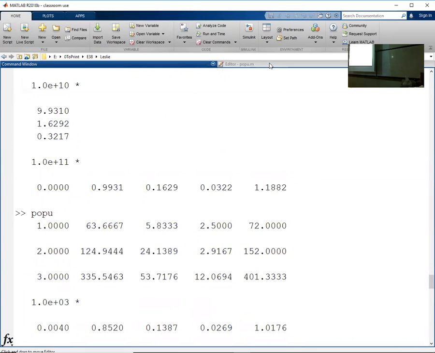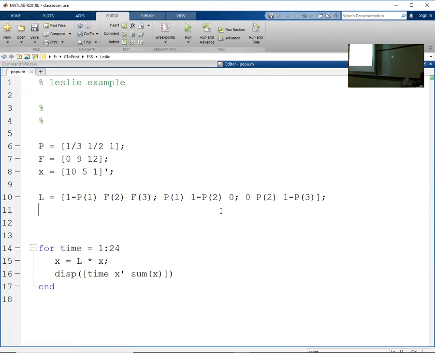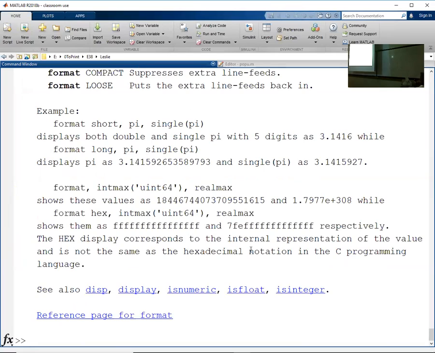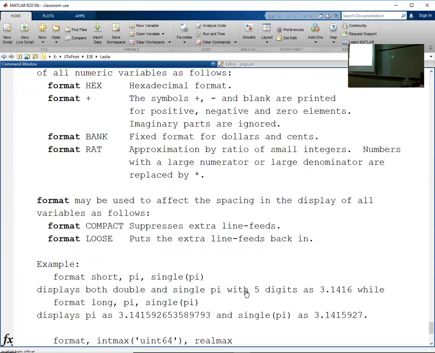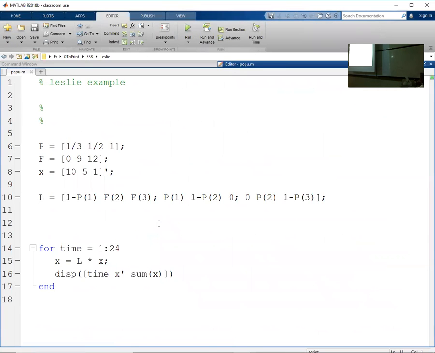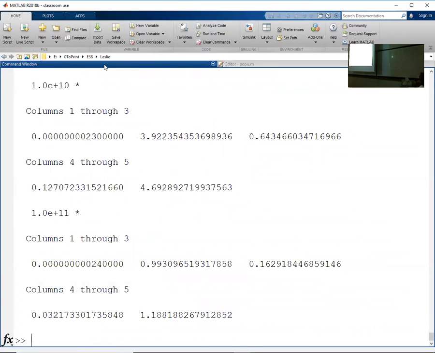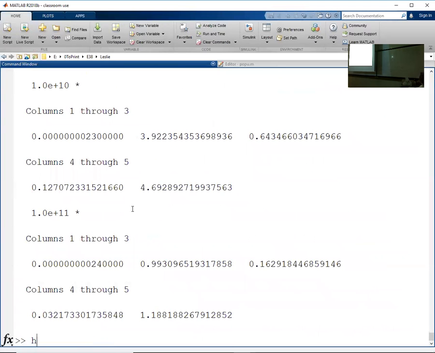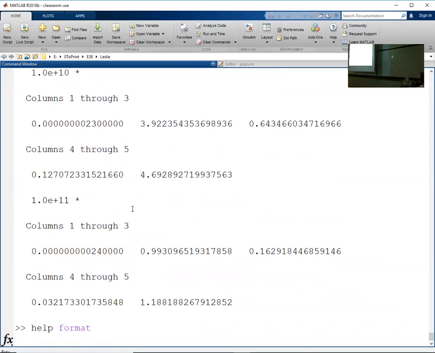So our numbers get pretty big here fast. Anybody know the best format to use off the top of their head?